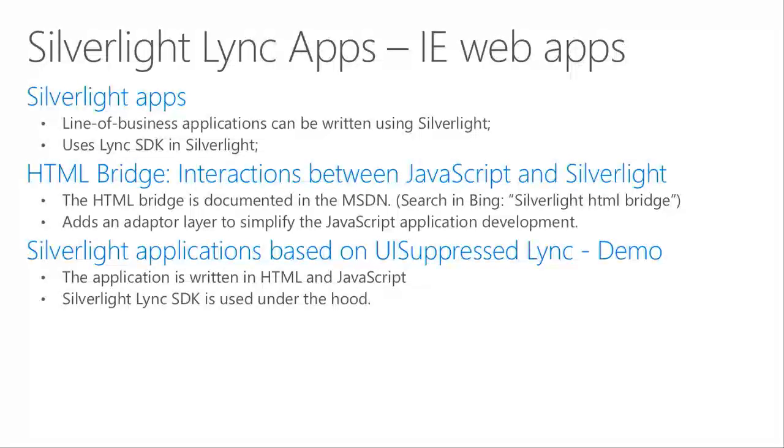With this adapter layer, we can make the API very similar to the J-Lync API, so that you can create your application right now with this API style. Then when the new API comes, you don't have to throw away your old application written in Silverlight. With this, you can protect your investment.